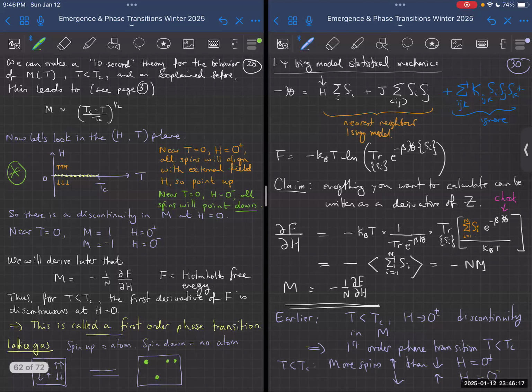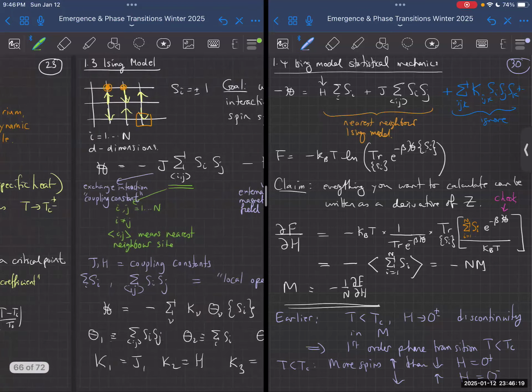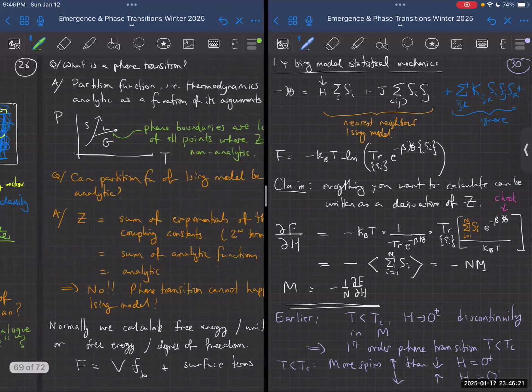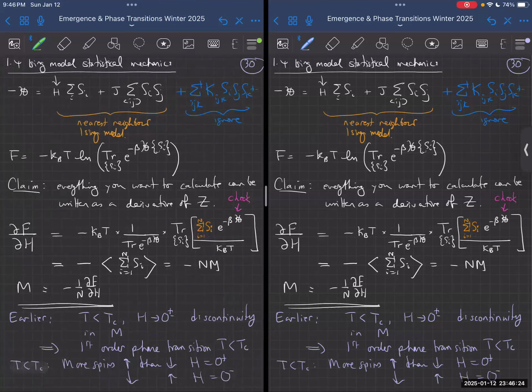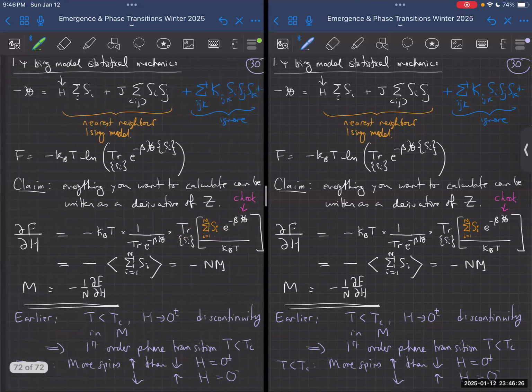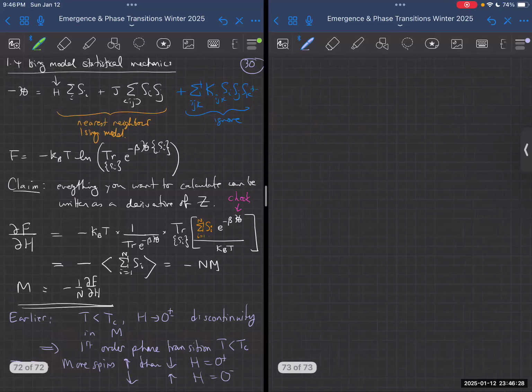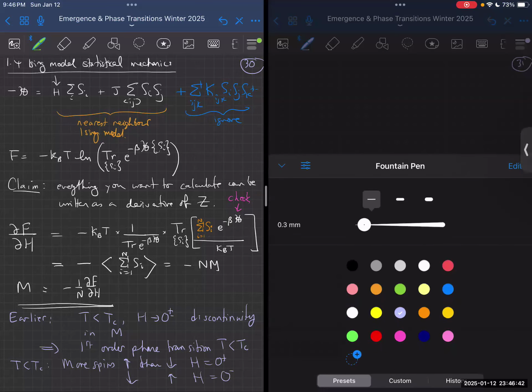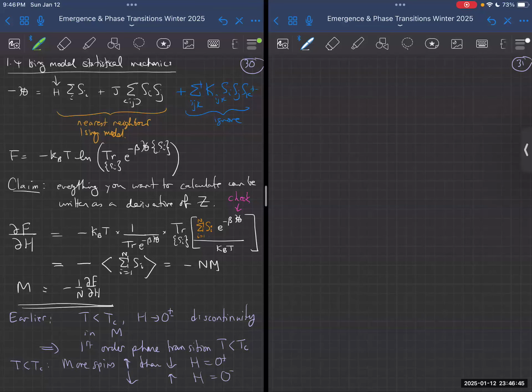The difference between the number of spins up and down goes to 0 as you go to the phase transition point, but there is still this discontinuity in the expectation value at the phase transition point. And so that's why there's a first order transition all the way up to Tc. Okay, so that's the first thing. And this trick of differentiation is one that we're going to use a lot.